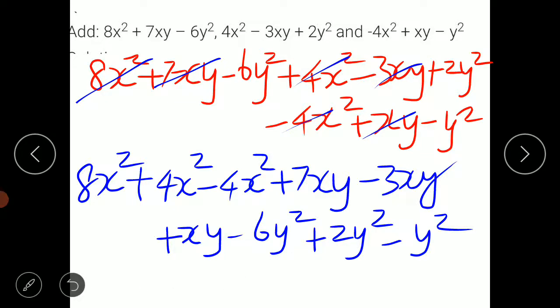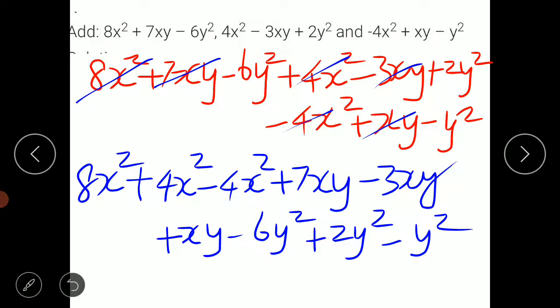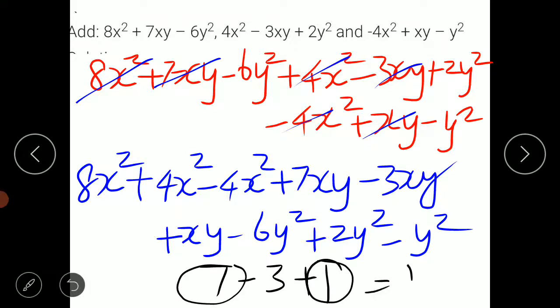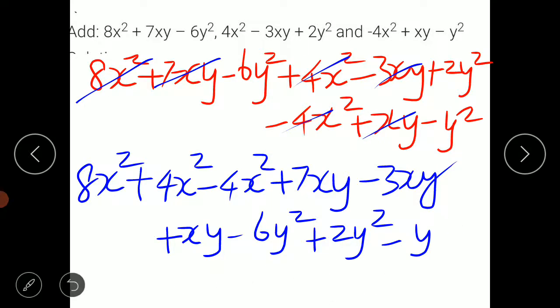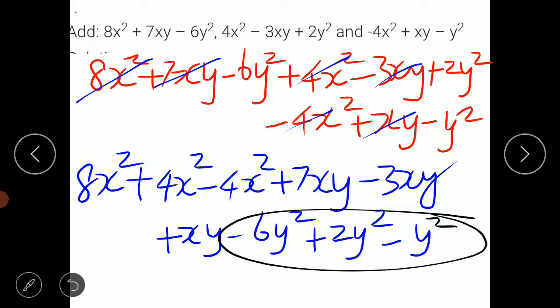So we get 5xy. This term is xy term, no? So we get plus 5. Is it? 7 minus 3 plus 1. 7 plus 1, 8. Then minus 3. 8 minus 3, 5. 5xy. We get plus 5xy.